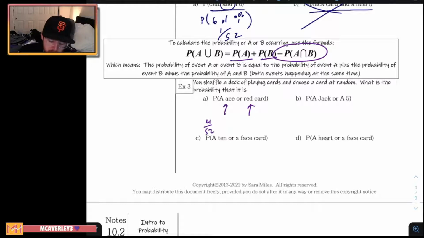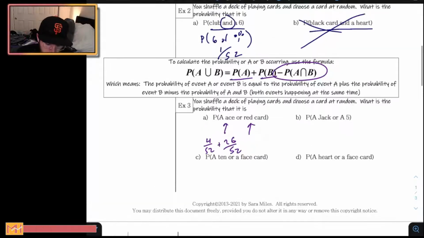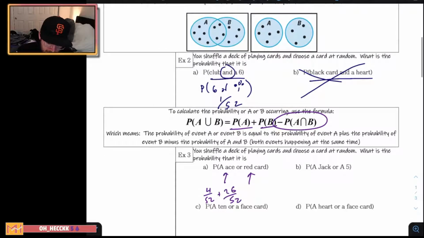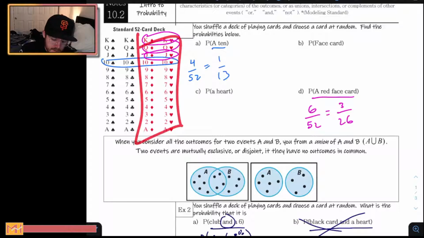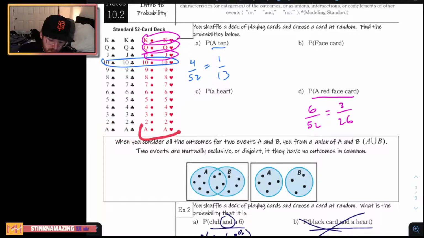So what's the probability of an ace? 4 out of 52, because there are 4 aces. What's the probability of a red card? 26 out of 52, because half the deck is red. But when we counted these 4 aces, we need to realize that 2 of them are red. So there's an overlap, right? We said, here's the red cards, and we said, here's the aces. They're overlapping. We don't want to count that twice.